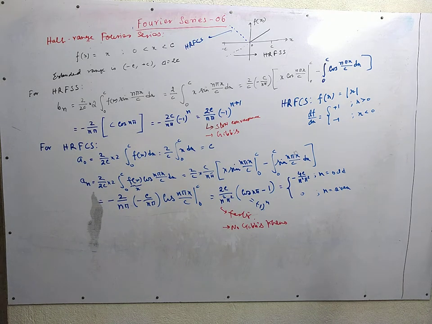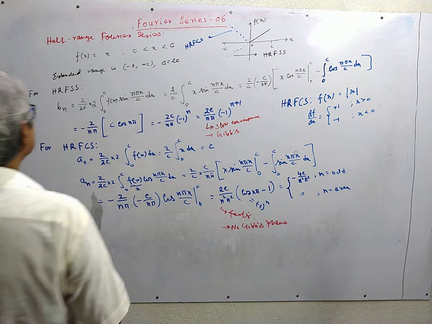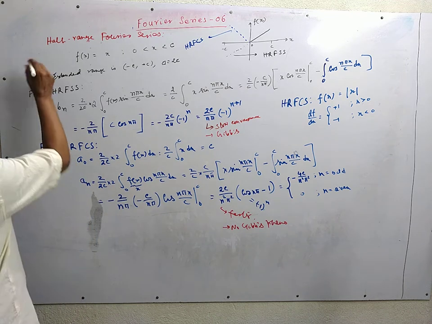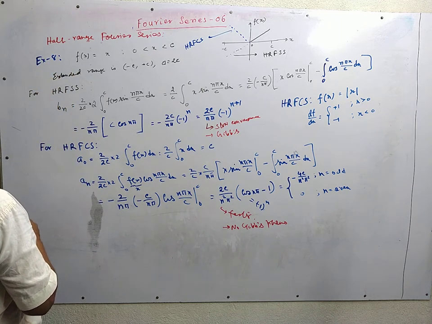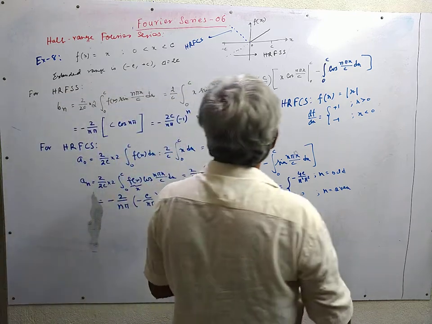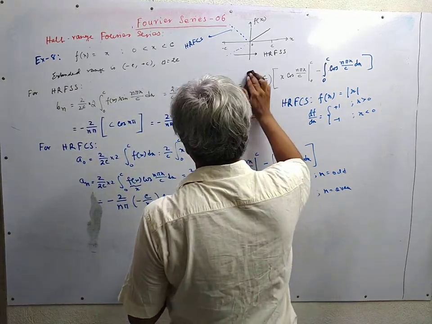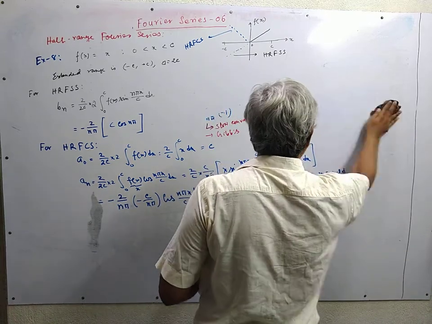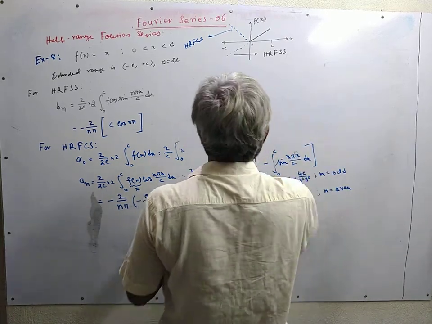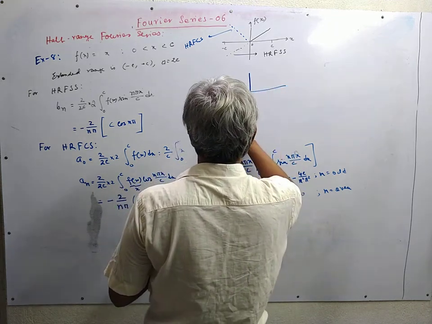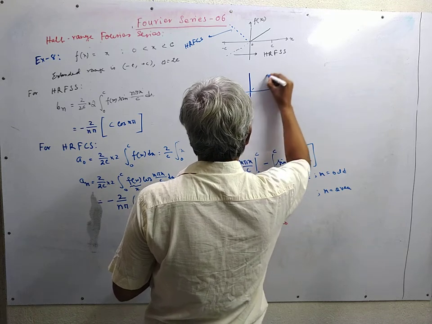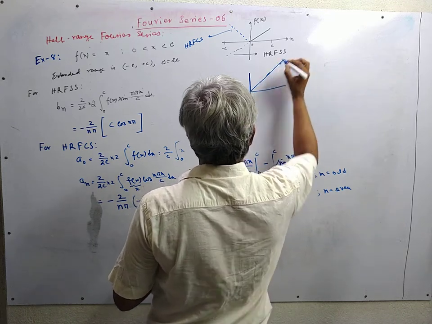We consider one more example of this short. That is, we consider sine of x as this was the example number 8, and as the 9th example. Later, before going to this, let me show how the Fourier series will look like in these two cases. This is the Fourier sine series.